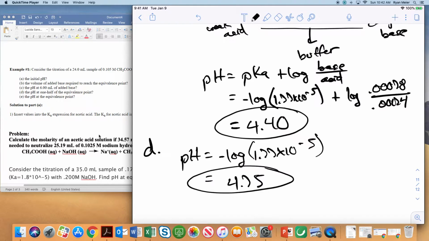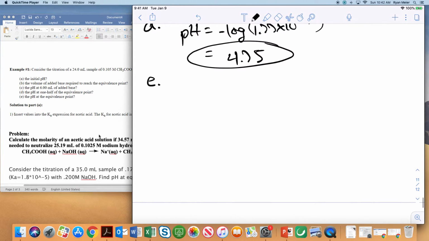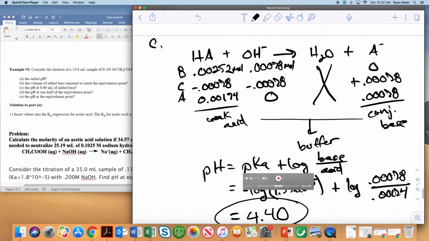So that part's easy. Part E, unfortunately, is not so easy, right? And this is probably the hardest part of all titration problems, finding the pH at the equivalence point. So we'll review all of our steps for going through this lengthy process. At the equivalence point, there are some things we want to recognize. That's when all of our moles of HA have reacted, and the amount of OH minus is the same.